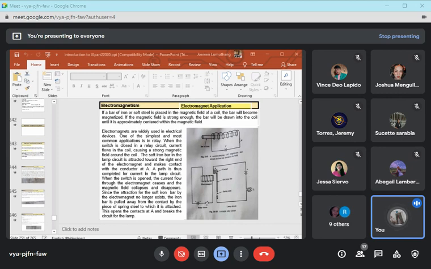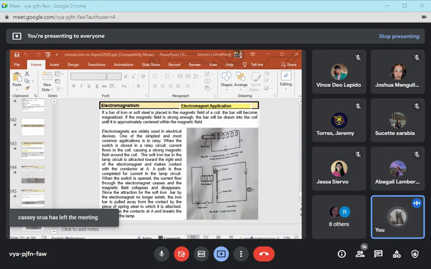So actually, what we are just going to put emphasis on here is that when the switch is closed in a relay circuit, current flows in the coil, causing a strong magnetic field around the coil.